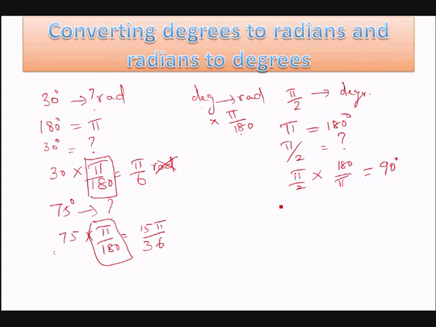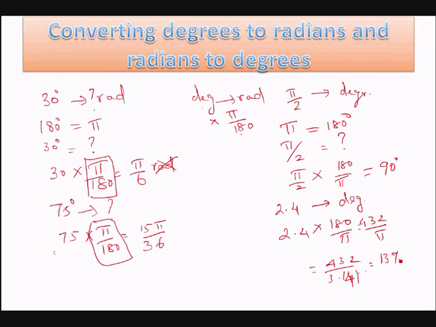What about if I have 2.4 radians to be converted to degrees? So I need to multiply 2.4 by 180 over pi, which is actually 432 over pi. If I substitute the value of pi as 3.141 etc., then I get this answer as 137.5 degrees approximately.